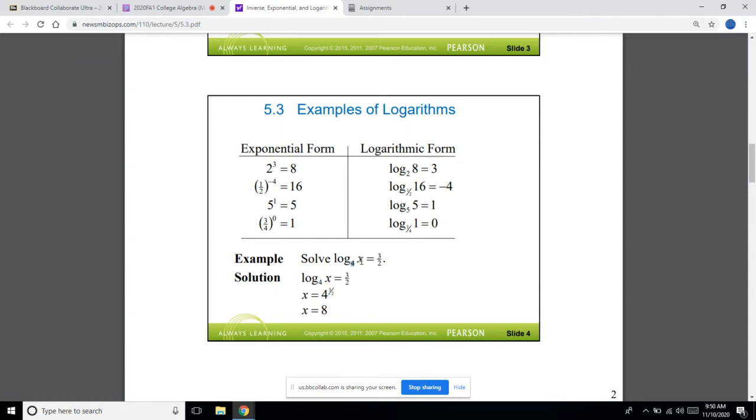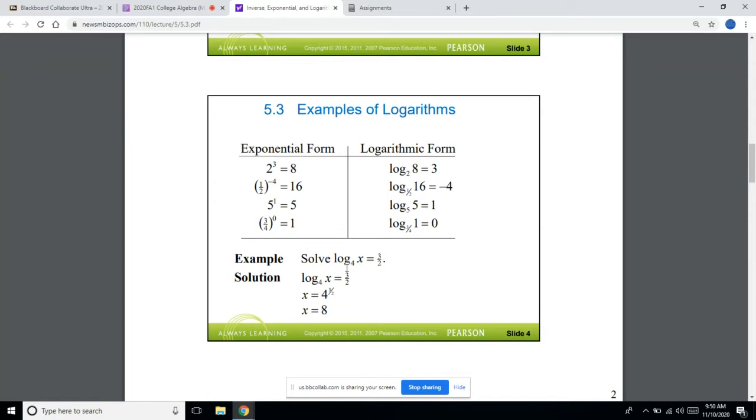Notice that x, which is the argument, is what our exponential should be equal to. And notice that 3/2 is our power.